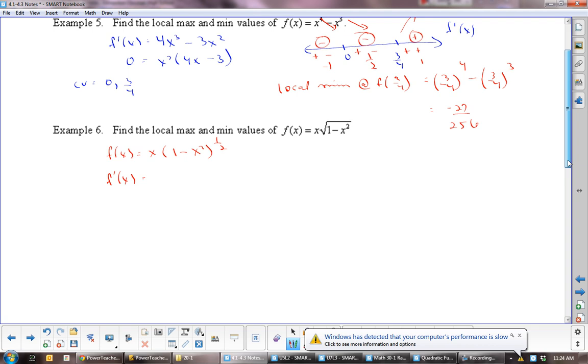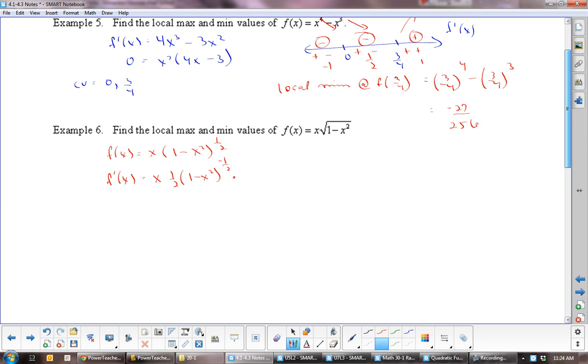Okay, let's do product rule on this. So it'd be x times the derivative of the second, which would be 1/2 1 minus x squared to the -1/2, times, I'm going to do chain rule on that, right? So what's inside?